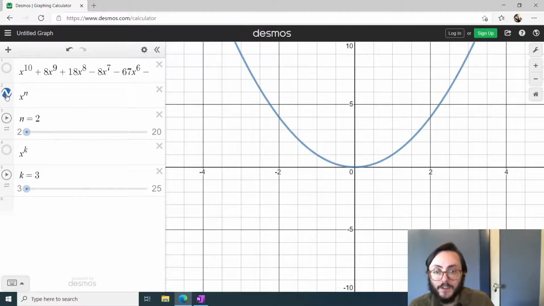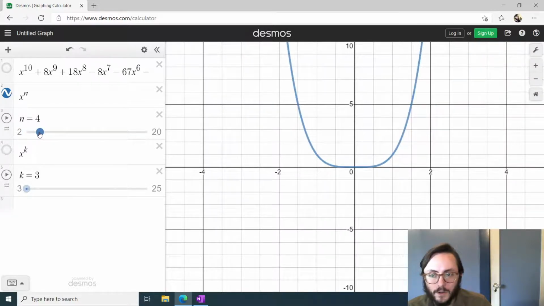Let's look at the even multiplicities. They kind of look like a parabola, and specifically, this would be x squared, which has a root at x equals 0 with a multiplicity of 2. Now, if we increase that to 4, that's flatter. That's what we saw in the original polynomial. It's x to the 4th power.